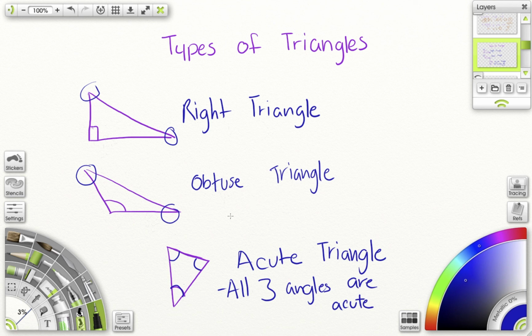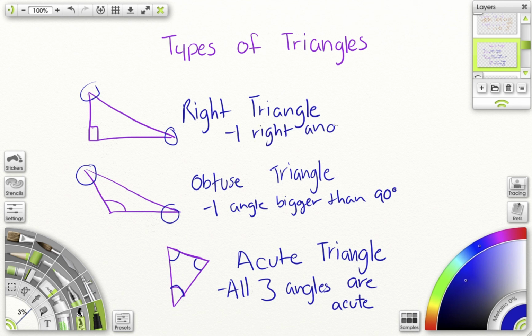An obtuse triangle only has one angle that's wider than 90 degrees, but it has to have one angle that is bigger than 90 degrees. So 90 degrees is that right angle. So if it has one angle that is bigger than that right angle, wider than the right angle, it is an obtuse triangle. A right triangle has one right angle.